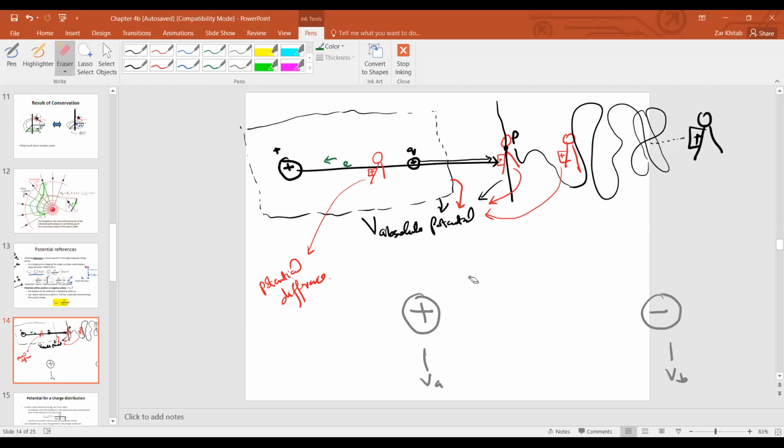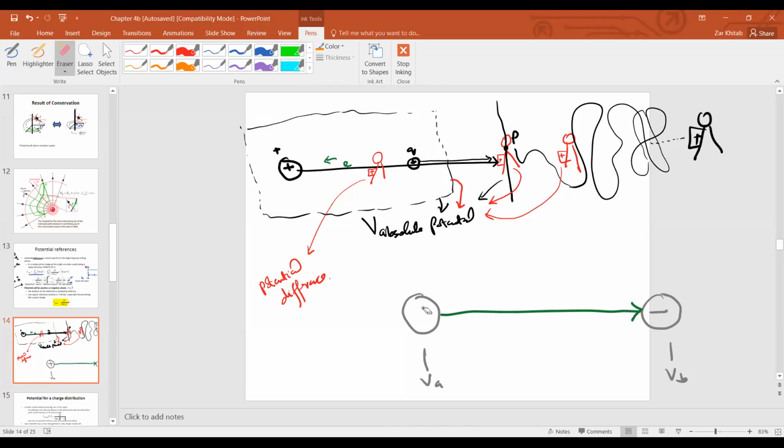The situation is that we have the electric field going from positive to negative. Let me show it more properly.